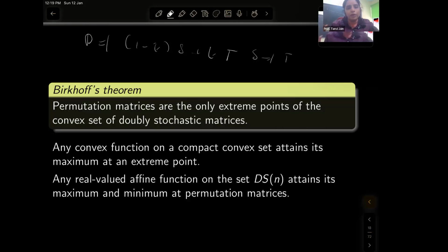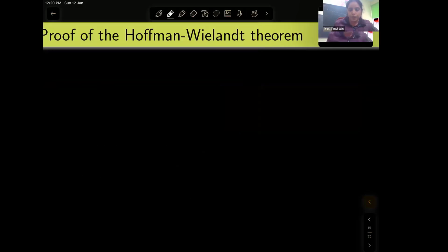In particular, if I take an affine map, its minimum and maximum will be attained at some permutation matrices. That is the important result that we will be using. So any real affine function has its maximum and minimum attained at permutation matrices.